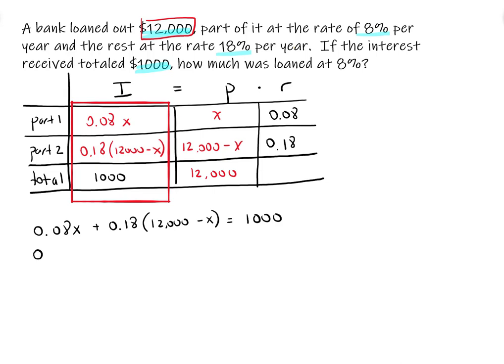And then I use my calculator to simplify some of these statements. I got 2,160 minus 0.18x, and when I solve this I get negative 0.10x, and I'm going to get negative 1,160.